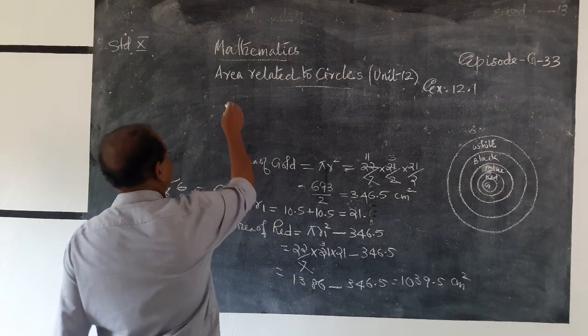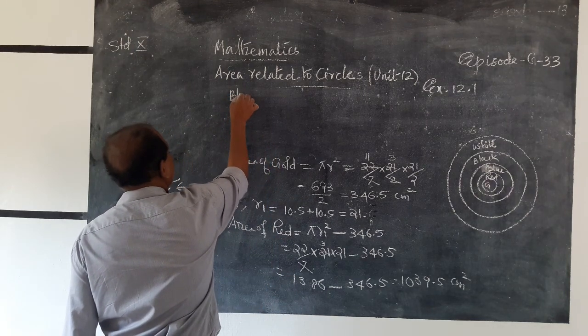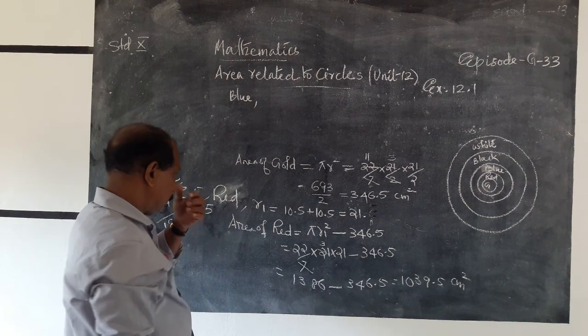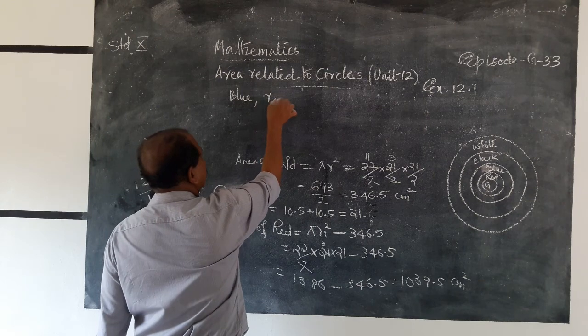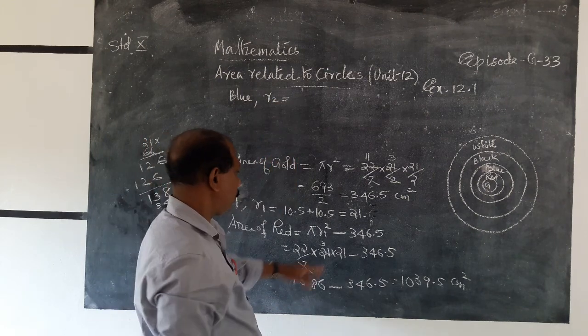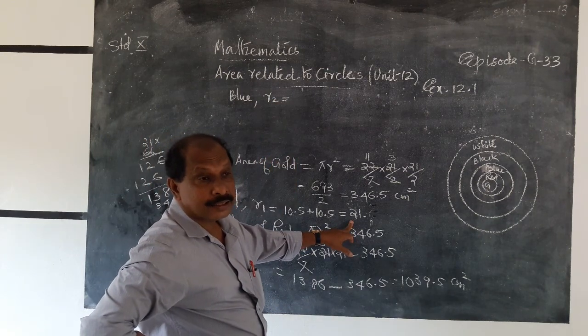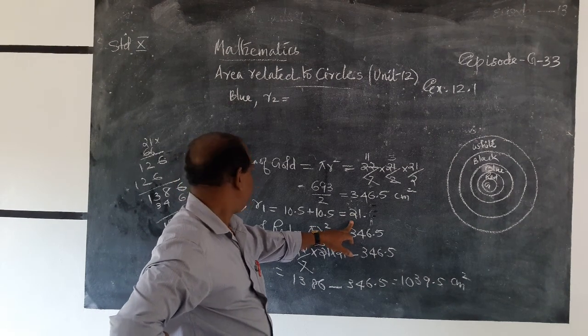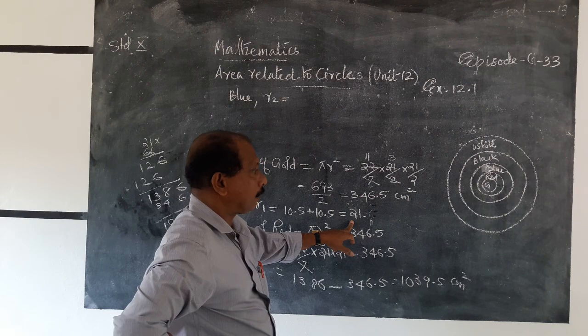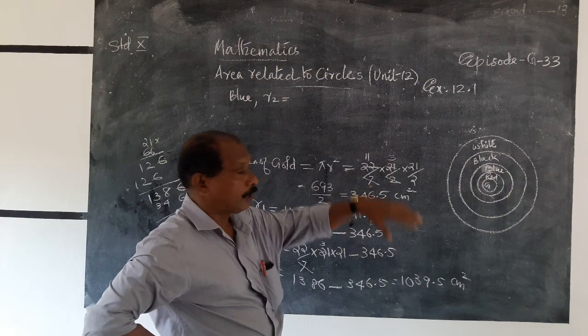Then third, blue. Then r2 is equal to 21 plus what? 10.5. 21 is the radius of red. Then blue, each part is 10.5.